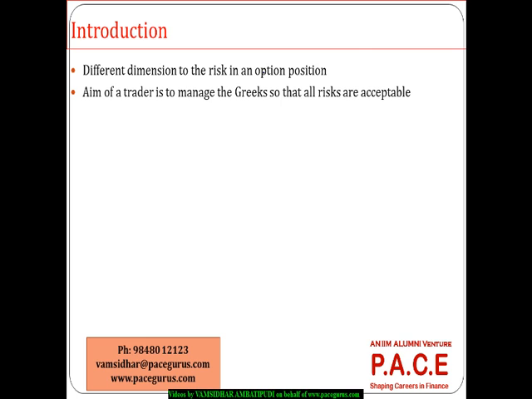So the first thing, the intention for any derivatives trader is to manage the risk. Let's say if he has sold some options, he might have got a premium, right? But after that, he is exposed to more and more risk.